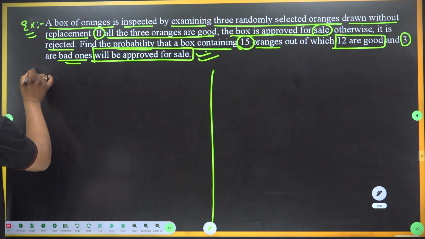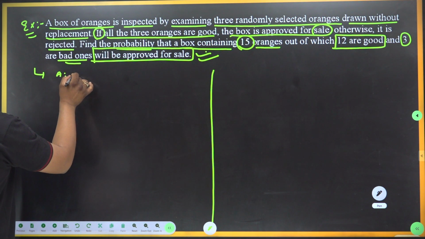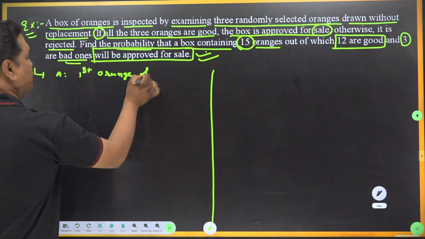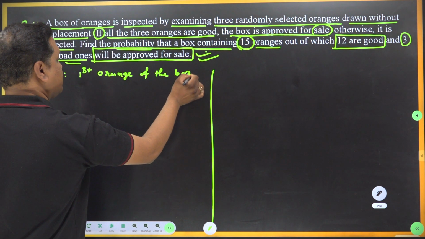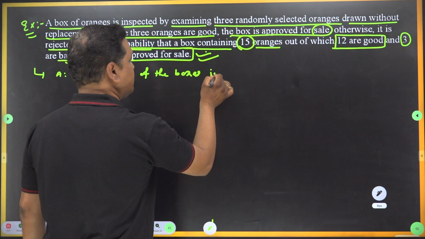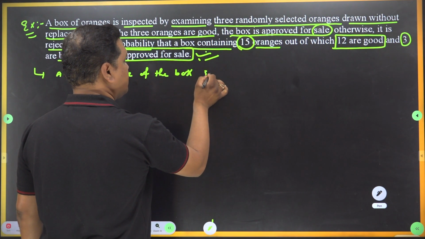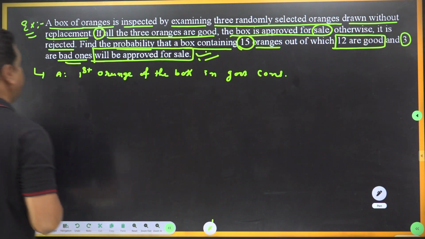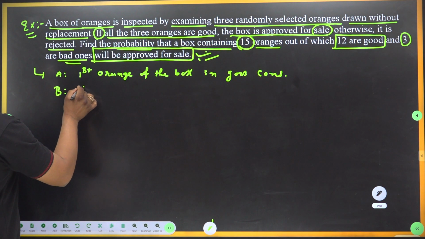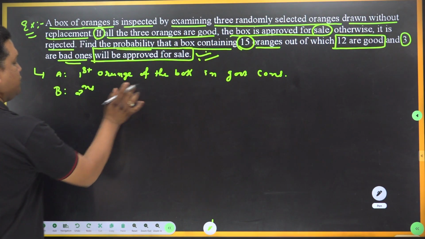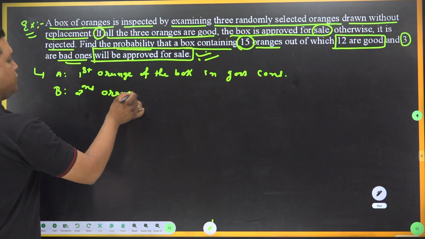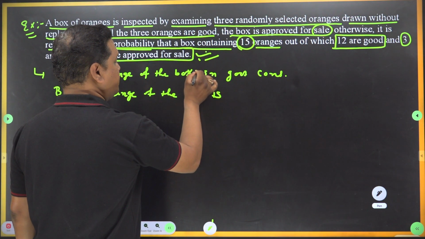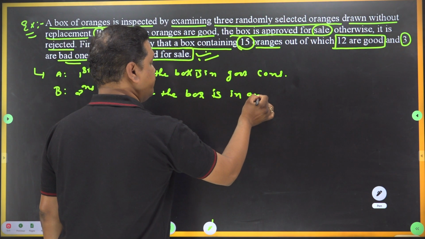So first orange of the box in good condition. B, second orange of the box is in good condition.